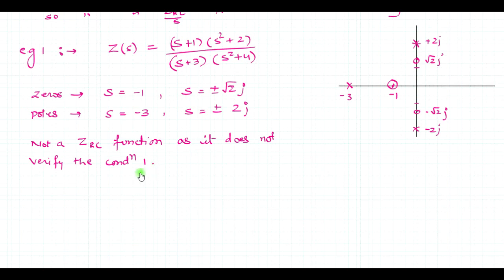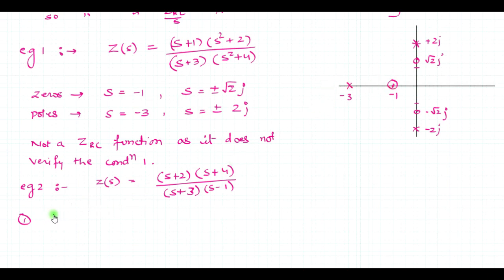Let's discuss the second numerical. We have Z(s) equal to (s plus 2)(s plus 4) divided by (s plus 3)(s minus 1), and we have to check whether it is a ZRC function or not. Let us check the condition number 1. The condition number 1 says all the poles and zeros of the given polynomial must lie on the negative real axis.